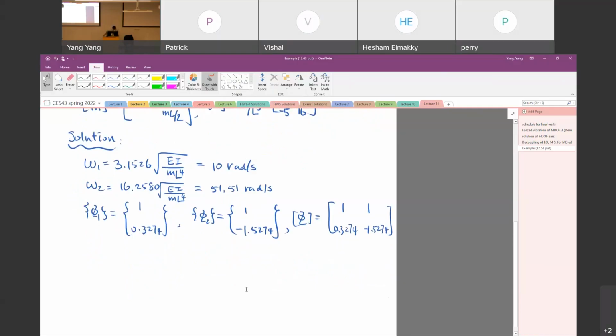Now, please keep in mind that that's just the initiation of this problem. We need to figure out the response here. We have already calculated this part of the mode shape matrix. Now we can find the star matrices, the M star. M star is equal to the transpose of the mode shape matrix times the initial mass matrix.